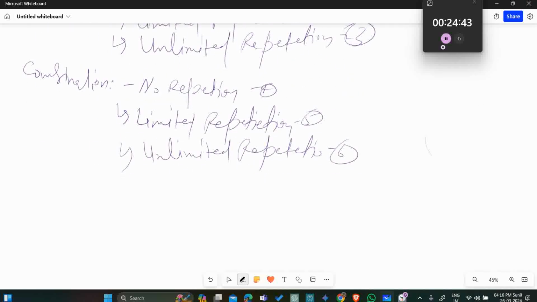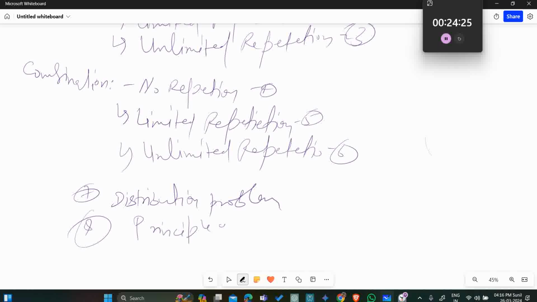Let's say number 7 is distribution problem. Number 8 is principle of inclusion and exclusion.